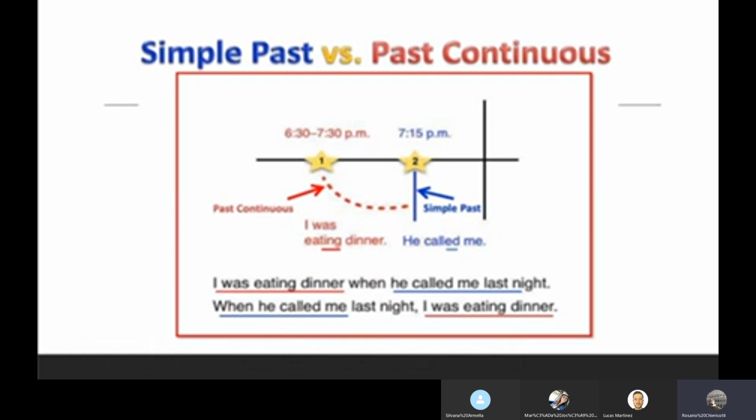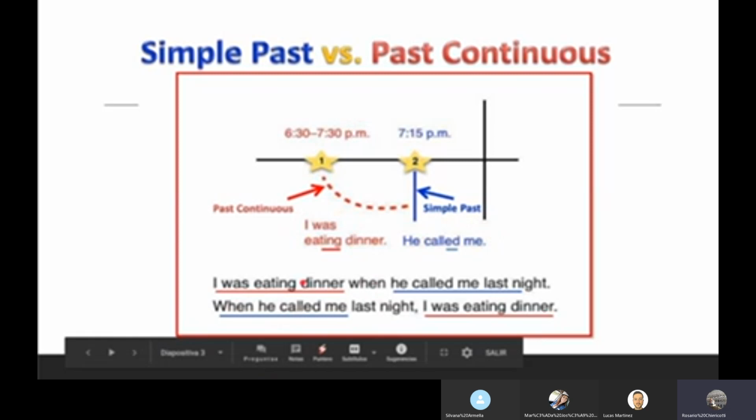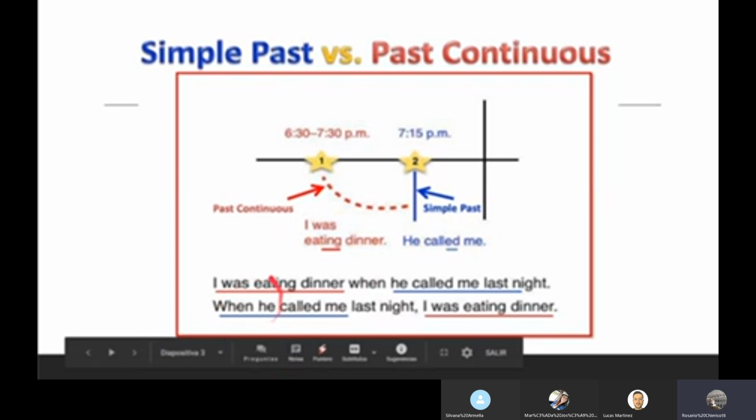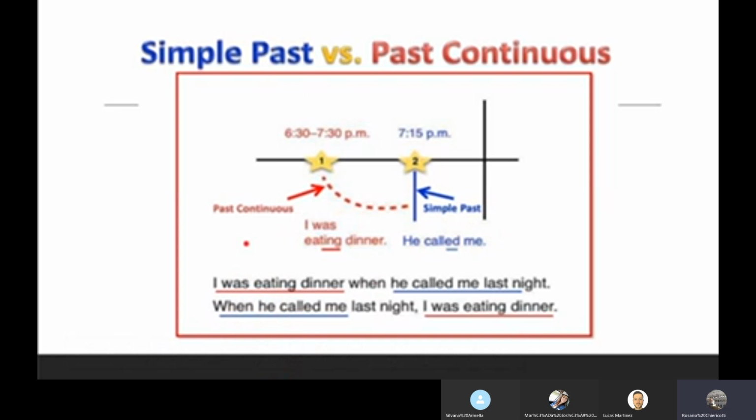That's why sometimes we use, for example, the passive voice. If I want to say Shakespeare wrote many plays, but I don't want Shakespeare to be important, I want plays to be important, I will say, many plays were written by Shakespeare. I put many plays at the beginning of the sentence because I want to put emphasis on the part at the beginning. So that's okay, what you said.